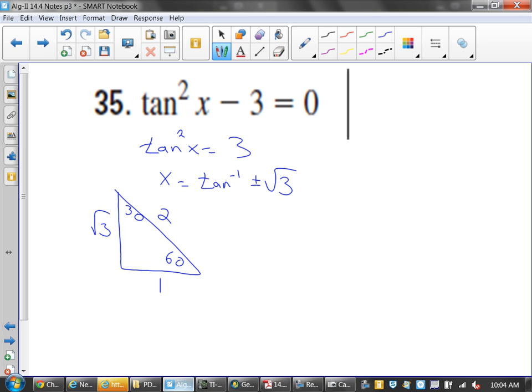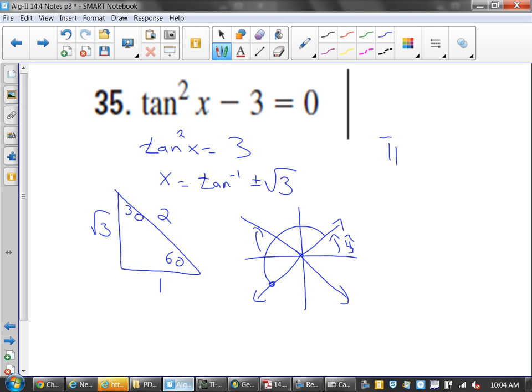So that means that I'm at pi over 3. It's going to be in all 4 quadrants because of tangent. So to get the angle over here, that's really easy. Just add pi. We start out with pi over 3. It would be 4 pi over 3.